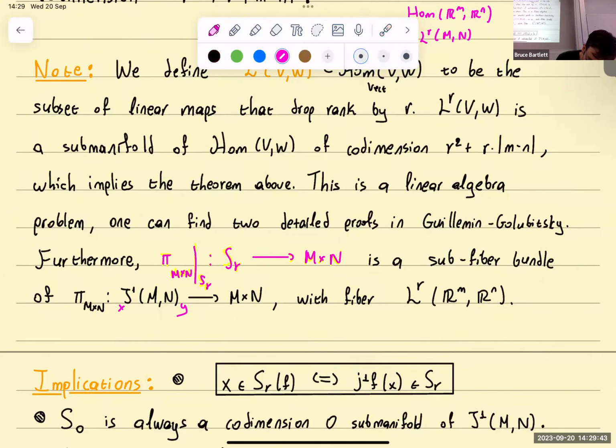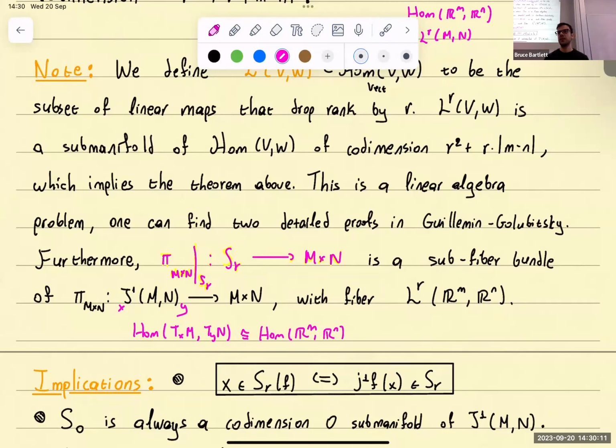It's basically the space of all linear maps from T_xM to T_yN, right? And that's the same thing as Hom from R^m to R^n, which is where the R^m and the R^n show up. It's very elegant. So that's the proof.